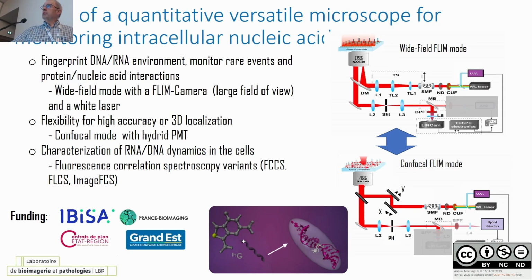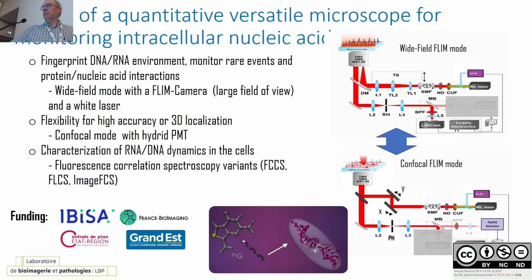We hope to be able to fingerprint the DNA and RNA environment, monitor rare events, and also protein-nucleic acid interaction, because we will have a wide field mode with a FLIM camera, and two lasers: a UV laser and a white supercontinuum laser. We hope to have flexibility for high accuracy of 3D localization. This is with the confocal mode, with a hybrid PMT.